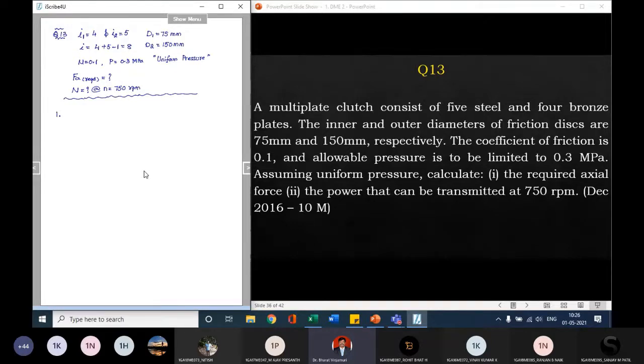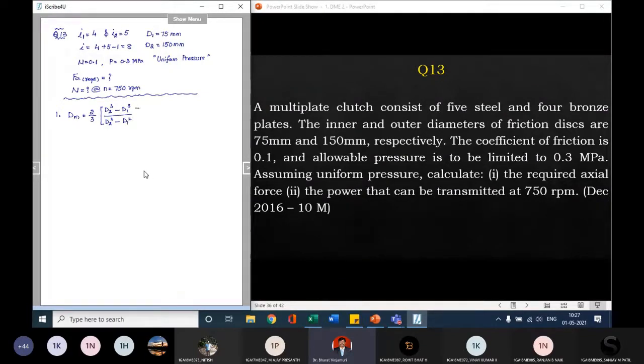Now the formula of DM is not D1 plus D2 by 2 anymore. Now according to the uniform pressure theory, DM will be equal to 2 by 3. Always remember this formula, D2 cube minus D1 cube divided by D2 square minus D1 square.